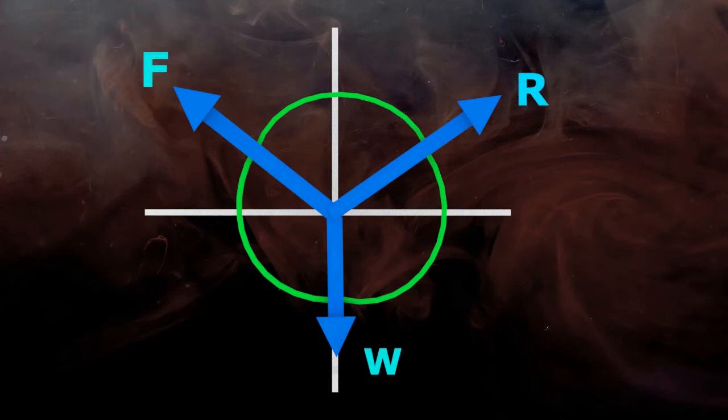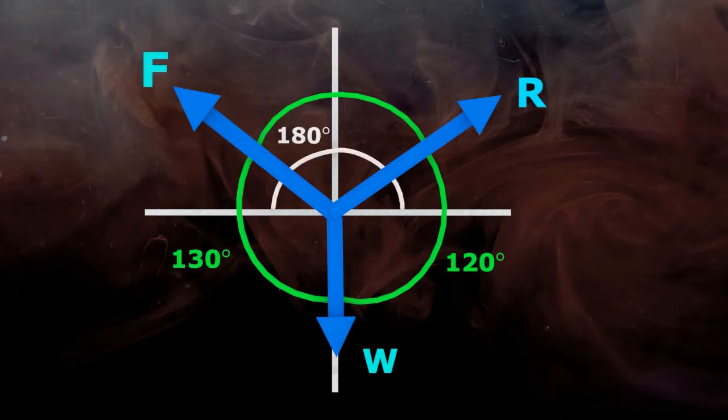The angle between forces R and W is 30 degree plus 90 degree is equals to 120 degree. Angle between force W and F is 90 plus 40 is equals to 130 degree. Similarly, angle between forces F and R is total angle between positive and negative x-axis, that is 180 degree minus 40 minus 30 equals to 110 degree.